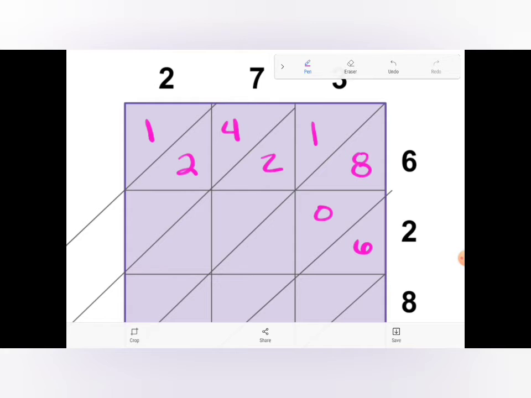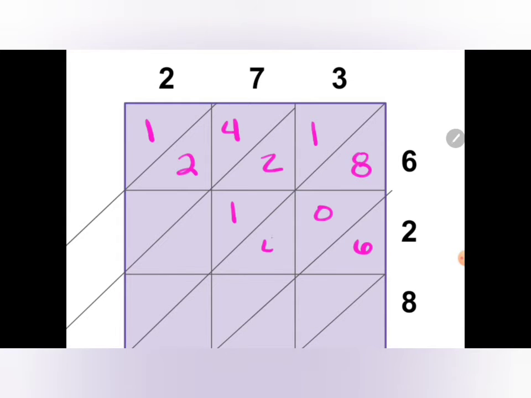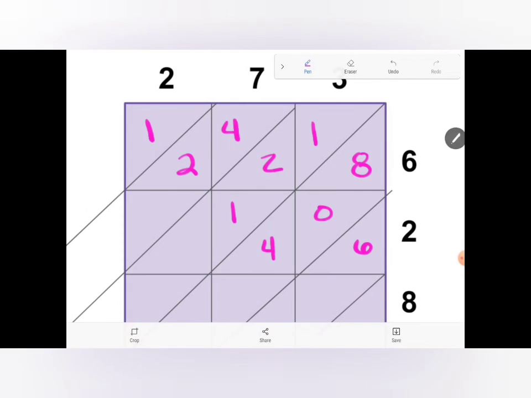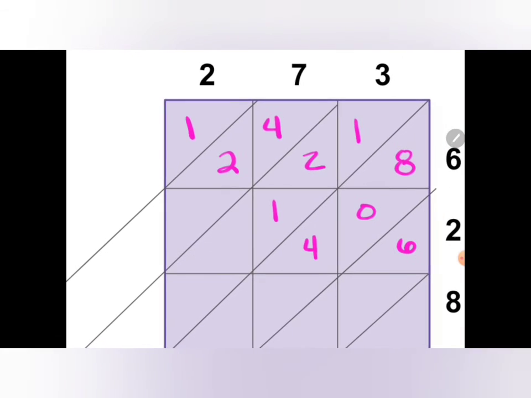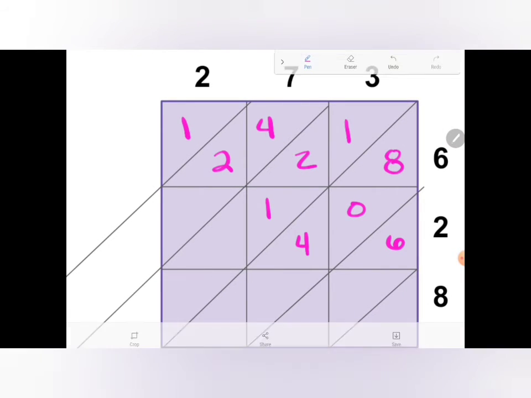You can do some mental math. That's also what I've been doing. You can write it out. Anything that makes you feel comfortable and helps you solve the problem, I am more than open to you doing. So for 7 times 2, it's going to be a 1 and a 4, 14. For our leftmost box of the middle section, we have 2 times 2, which is going to be 4.